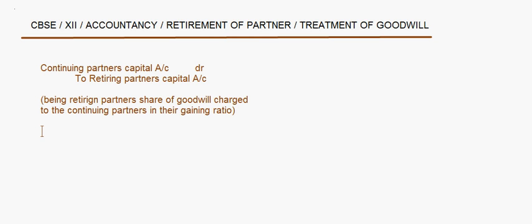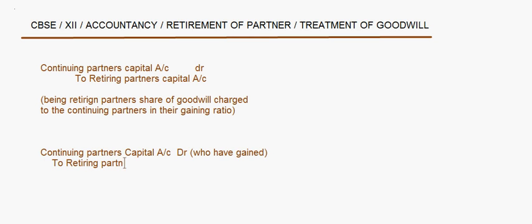In some cases of retirement, it may be that one of the partners is also sacrificing. In case any partner is sacrificing, the journal entry will be: continuing partners' capital account debit, those partners who have gained are debited, to retiring partner's capital account and to continuing partners' capital account, those who have sacrificed.